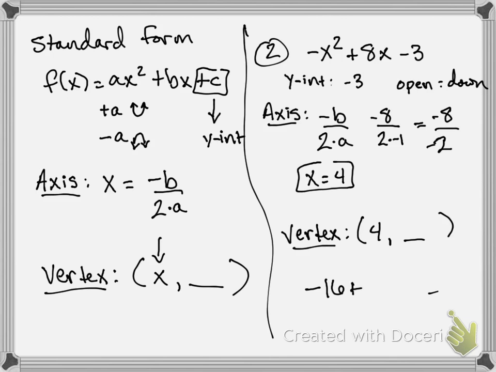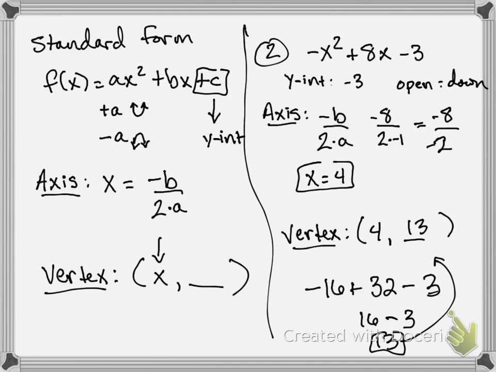Plus 8 times 4, what is that? 32. Minus 3. So negative 16 plus 32 gives me a positive 16. Minus 3. And that gives me 13.